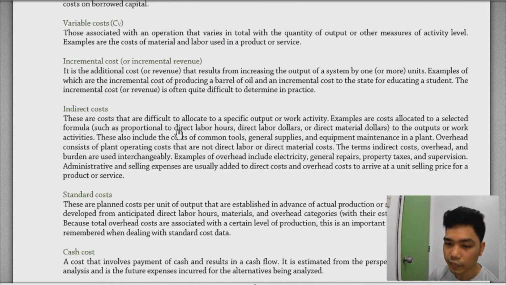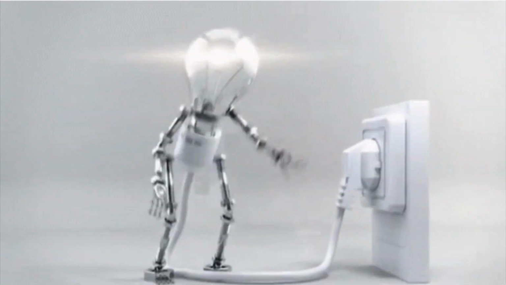Now, these indirect costs are very easy to understand because these are costs that are difficult to allocate to a specific output or work activity. Now, the examples that are given are the direct labor hours, as well as the electricity, general repairs, property taxes, and supervision.